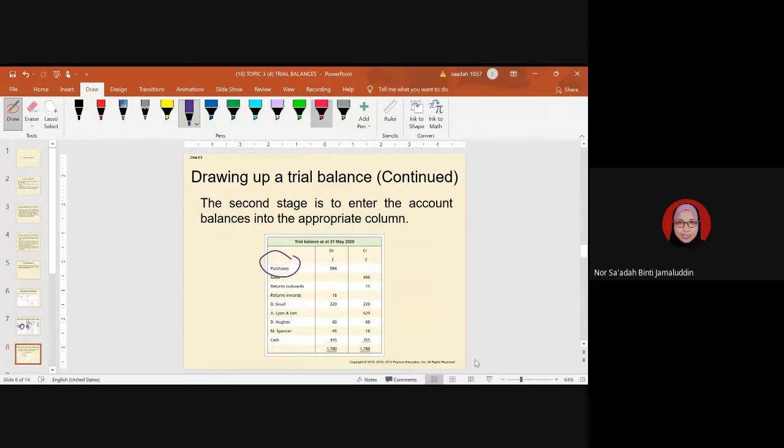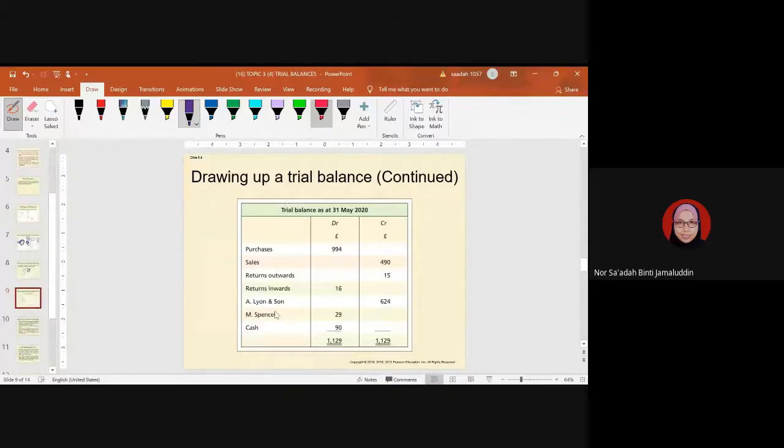So we transfer into the TriBalance with the same position in our ledger for the balance brought down. This is the second stage to prepare the TriBalance. Here, this is the TriBalance. So don't forget to write up your title of the TriBalance, and then don't forget to write here your company, based on the question.